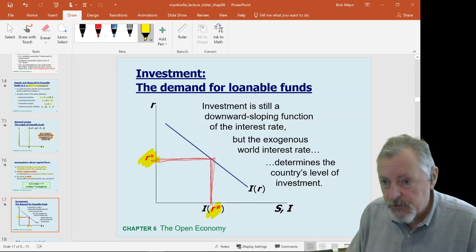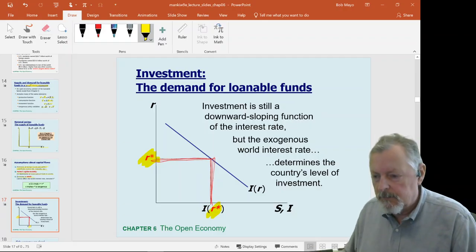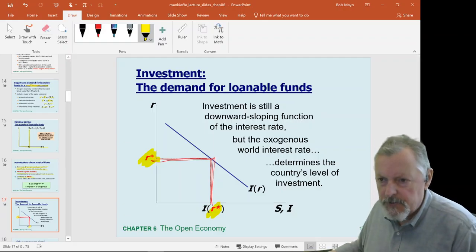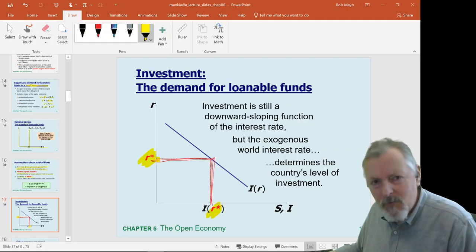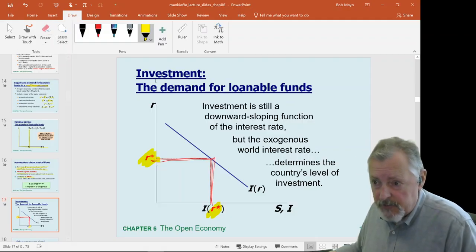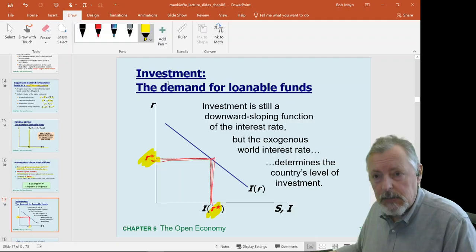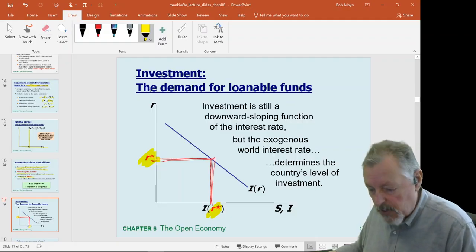So this is not determined domestically. Just as whether you buy a can of corn or not doesn't change the price. So whether domestically we want investment funds or not doesn't change the world price for them.